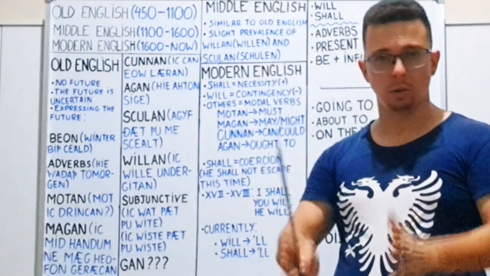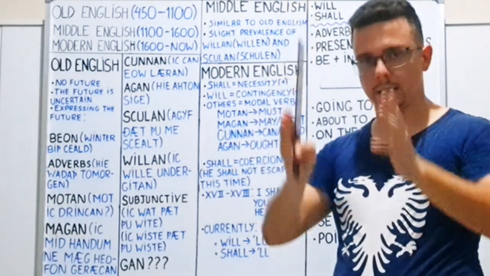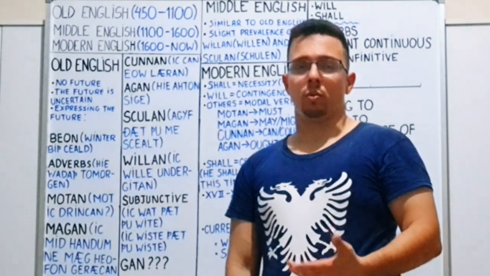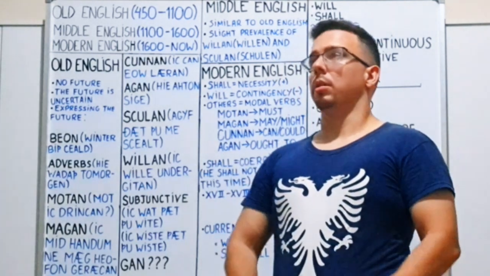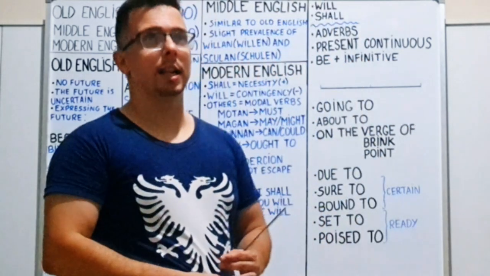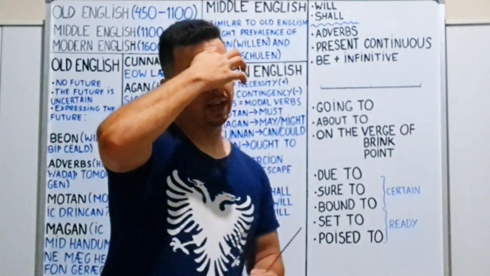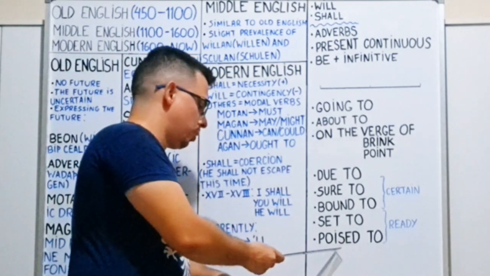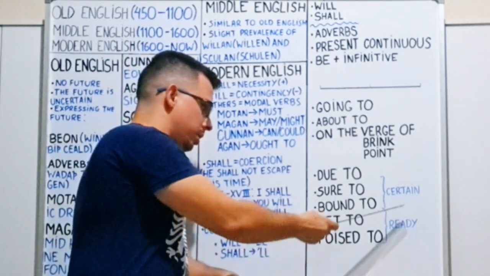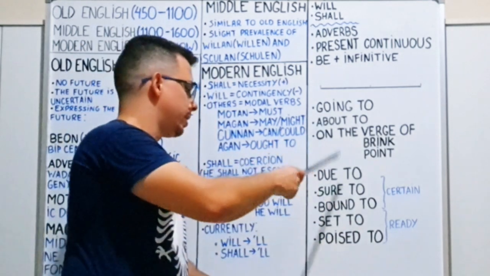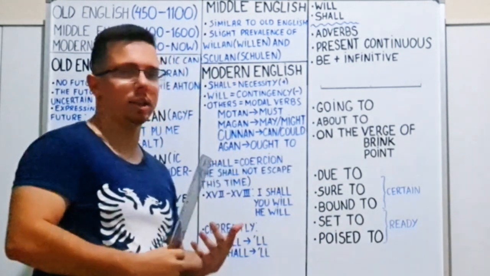So I was still, but I was ready. I was still, but I was thinking about the things that I should say, the things that I had prepared, and so I was ready. So "set to," "poised to," in the sense of ready. So all these constructions here, they have the sense of something starting to happen.